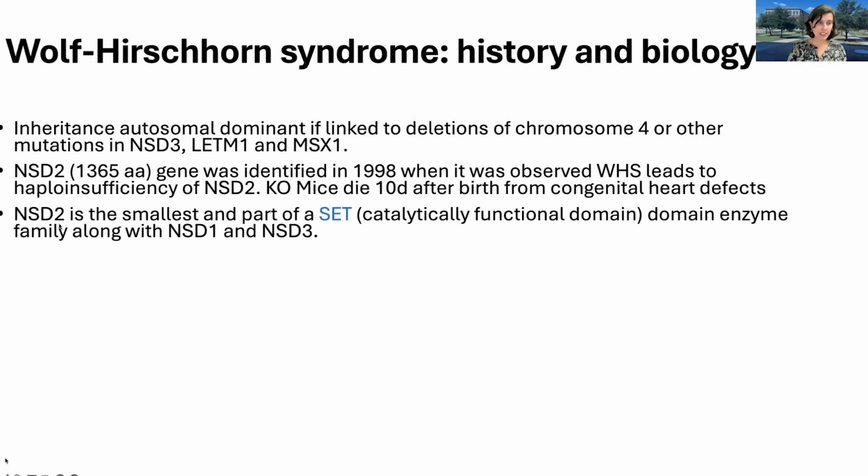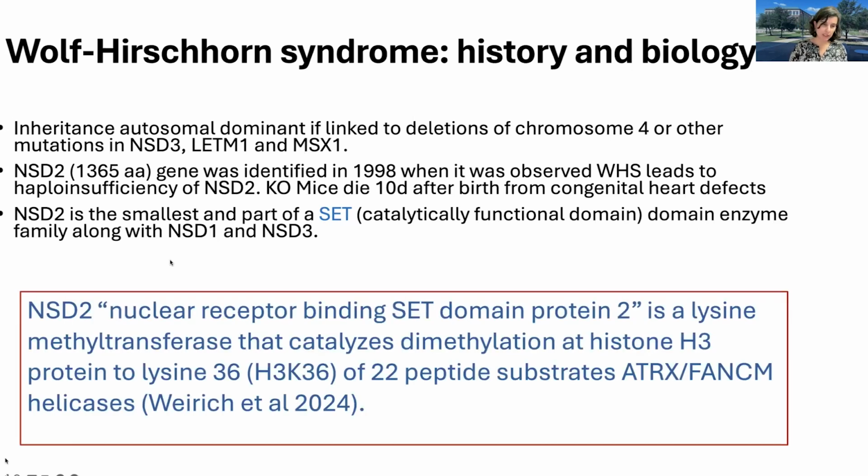So this particular patient had a mutation in one of the family members of these genes, number 2, and that stands for the different parts of the protein, but it also has 2 other ones, and it's one of the smallest. So the takeaway from this is that this protein is an enzyme. It has a very long name. But what it does is it puts methyl groups onto the histone protein at a particular residue, or amino acid.